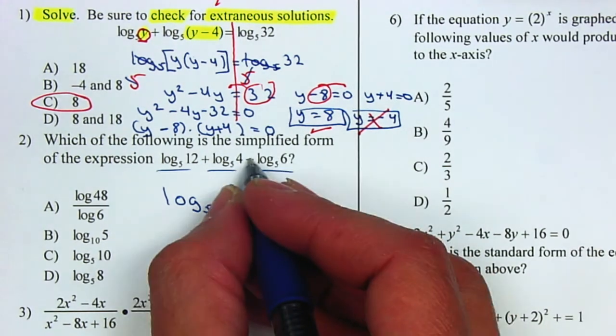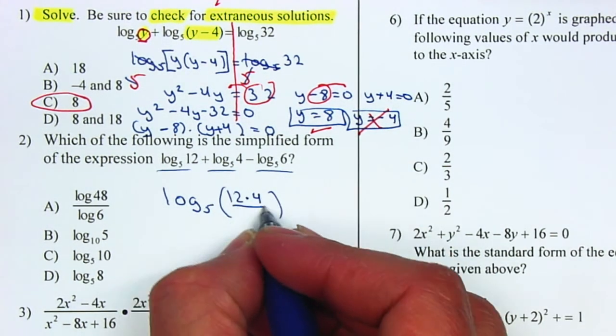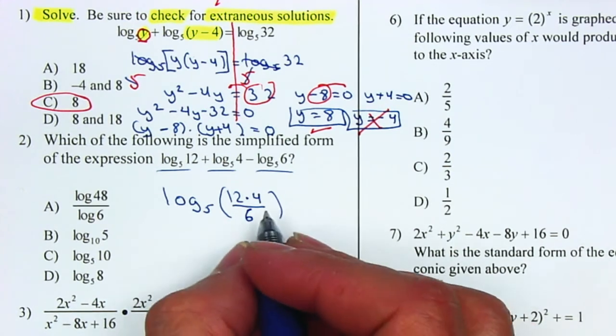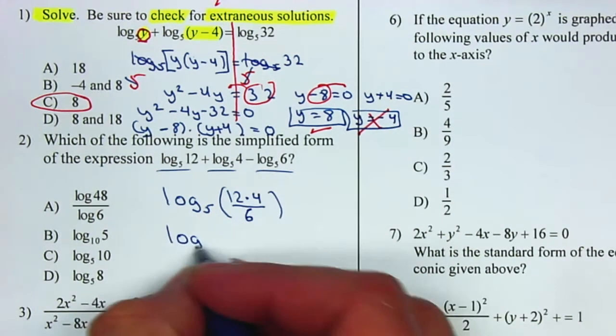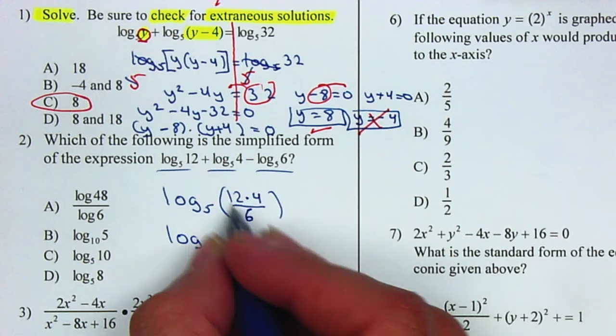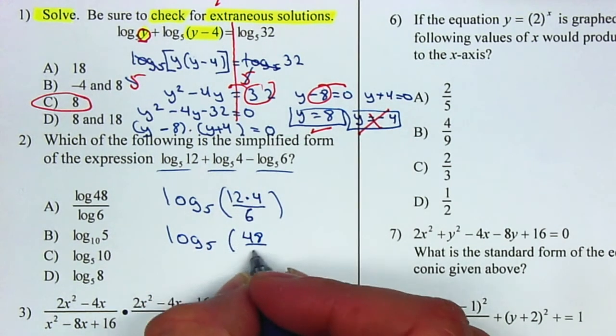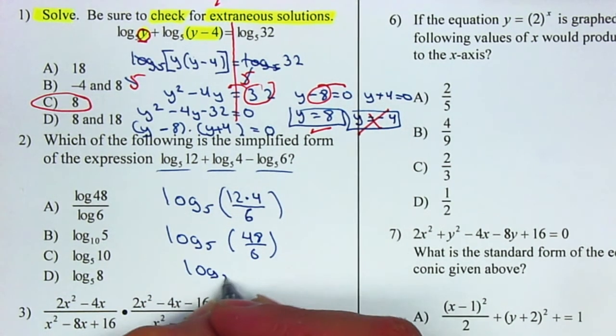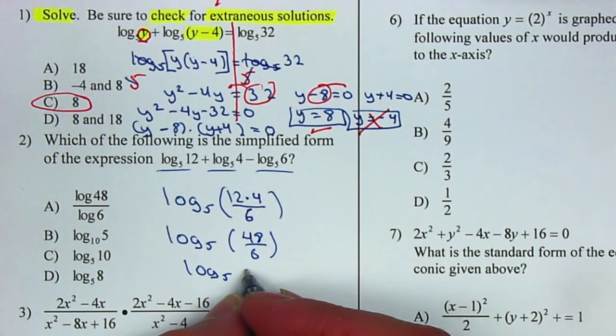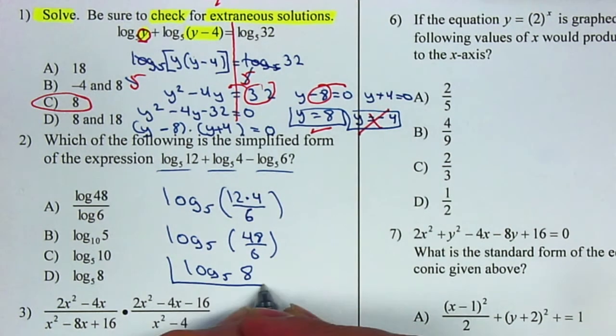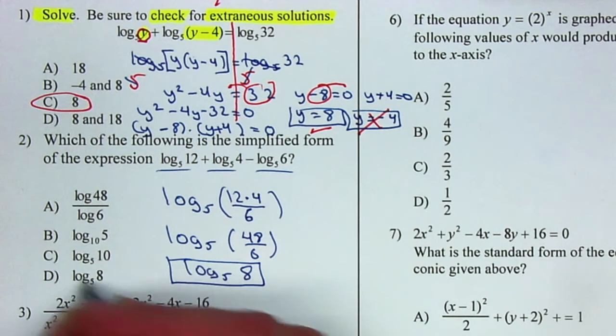The 6 has a minus, that means I'm going to divide by 6. So it'll be the log base 5 of, some of you guys simplified, but I can just multiply, it will be 48 divided by 6. It'll be the log base 5 of 8. So your answer will be D.